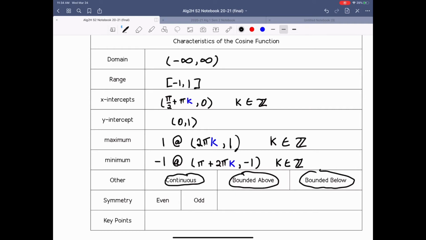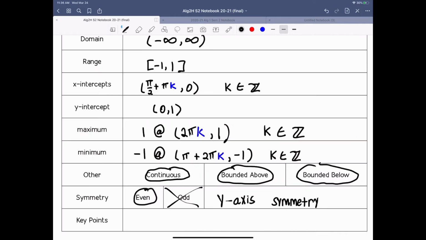So the symmetry for the cosine function is even, and we might remember this from when we talked about trig number 3 and we introduced the functions in the unit circle. And if a graph has even symmetry, that means that it has y-axis symmetry. So it's just the opposite of the sine graph that we talked about on the previous page.